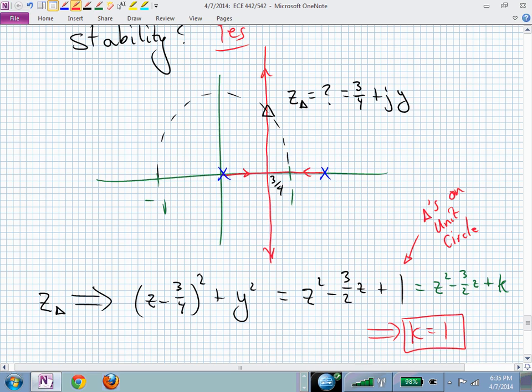You might want to find the angle, but intuitively, percent overshoot is a logarithmic spiral, and you'll find that zeta value, and where it intersects that vertical line, that's the location of the poles. They would still have a real value of 3/4, and their imaginary piece would be dependent on what they said the percent overshoot needed to be.